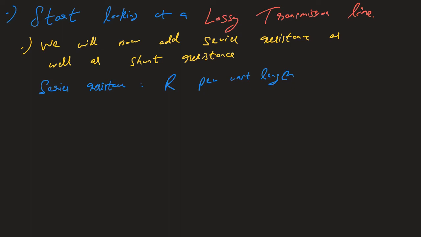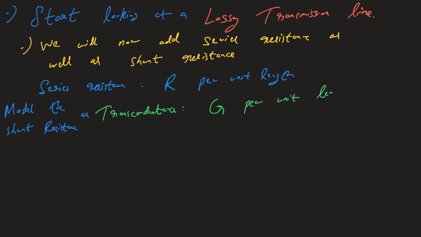What we will do is in fact model the shunt resistance as transconductance, and we will give it the symbol G. So G will be the transconductance per unit length, and G will allow parasitic current flow between the top conductor and the grounded conductor.